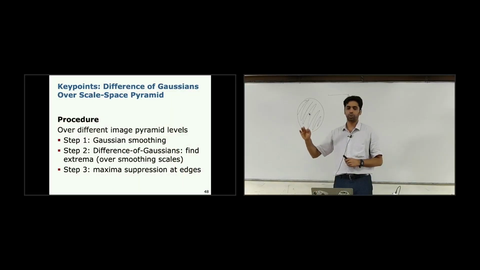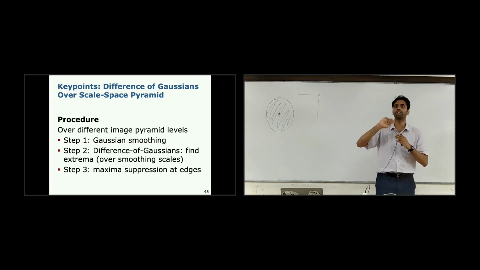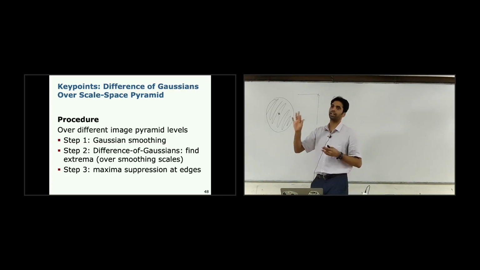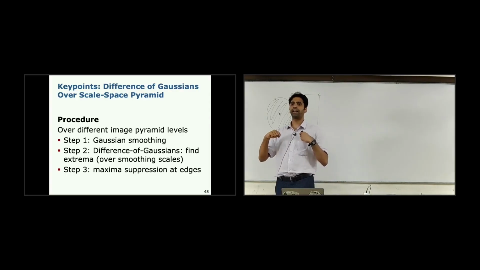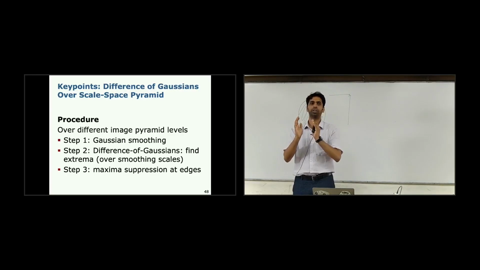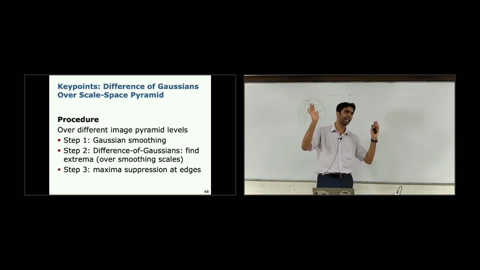One is you smooth your images to different levels. So you take your original image, you apply a smoothing, so things become slightly blurred. So you apply X amount of smoothing. Next, you apply 2 times that smoothing, and third time you apply 3 times that smoothing.